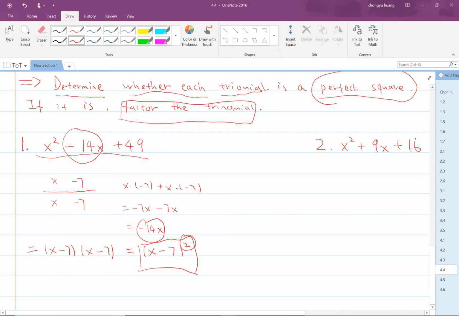We don't care what is inside, which is x minus 7. The only thing we care about is that it has a power of 2. So it is a perfect square, and we already factored the trinomial.